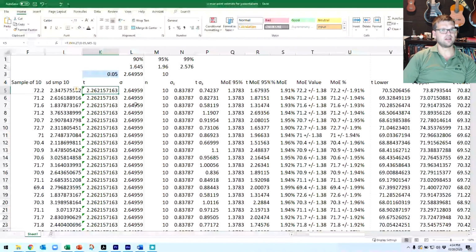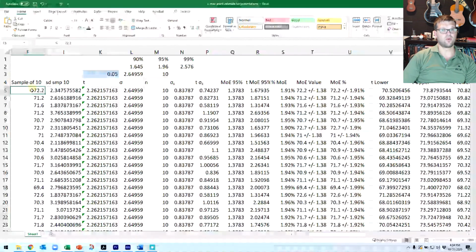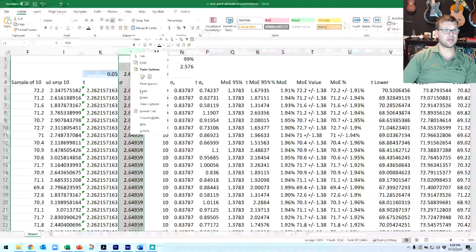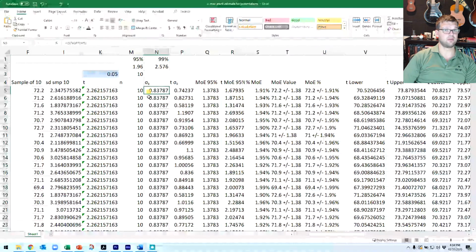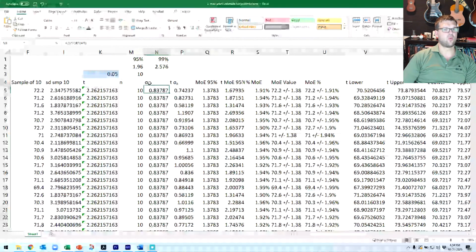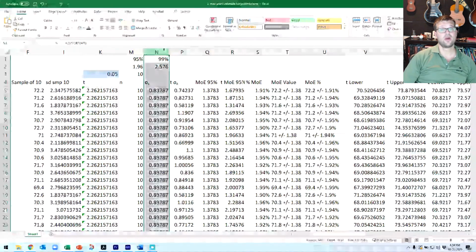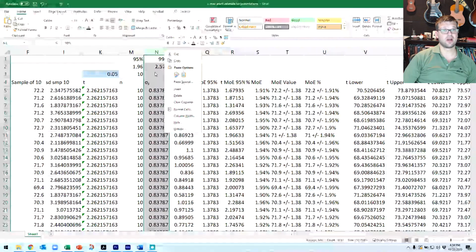So now what I did is I've got the standard deviation, the sample of 10, and we're going to hide this. And so we've got the standard error, the population standard error, but we can't use the population standard error because theoretically we don't know the population standard deviation. So I'm going to hide this, hide.